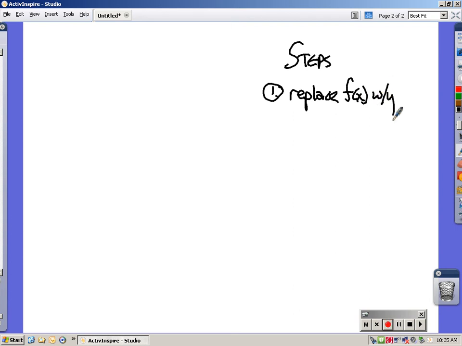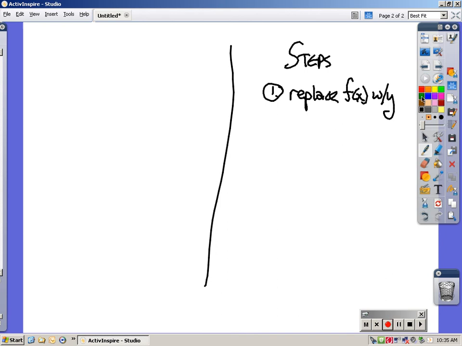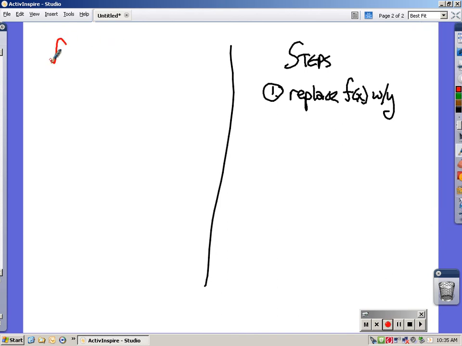This isn't really necessary, but it helps a little bit. So I'm going to have this function f of x is equal to, let's say, 3x plus 5. If you want to run it through a flowchart, replace f of x with y. So I'm going to rewrite this as y equals 3x plus 5.